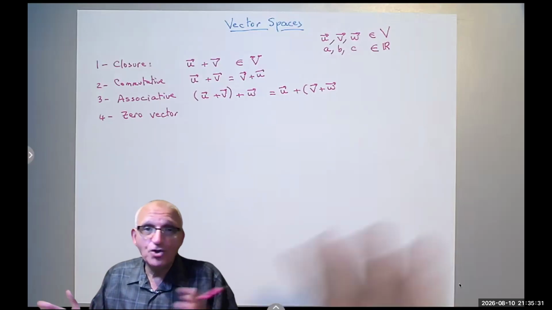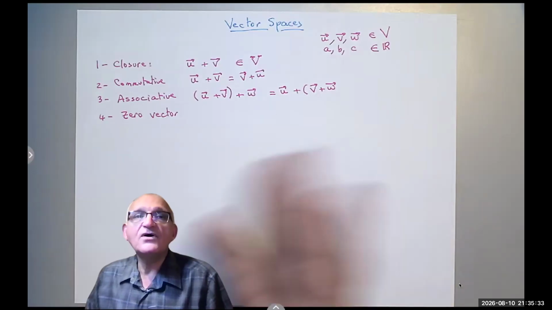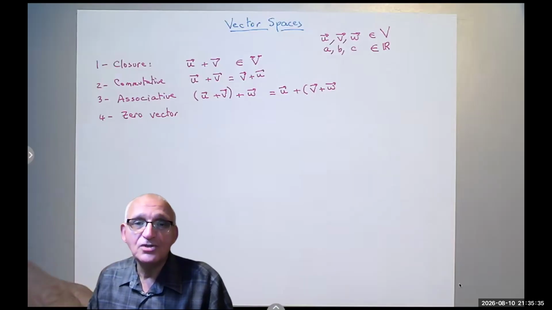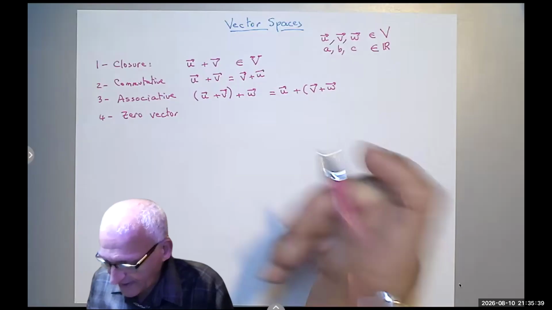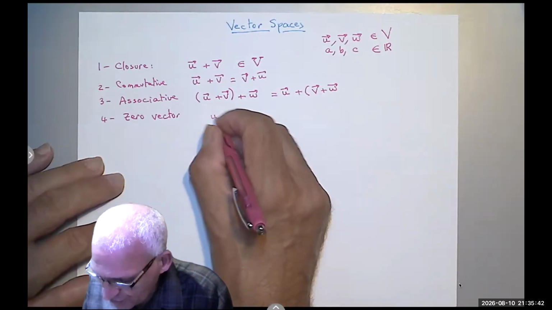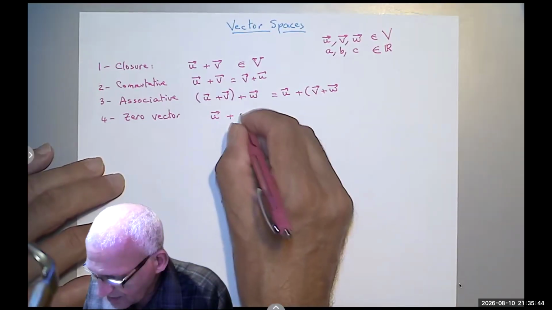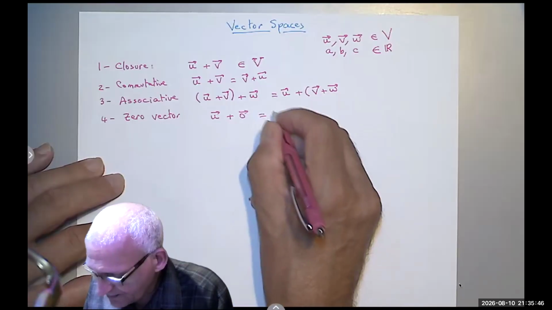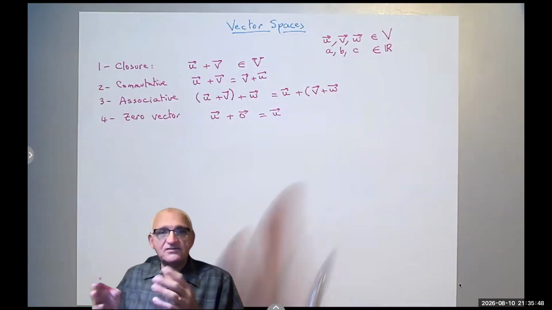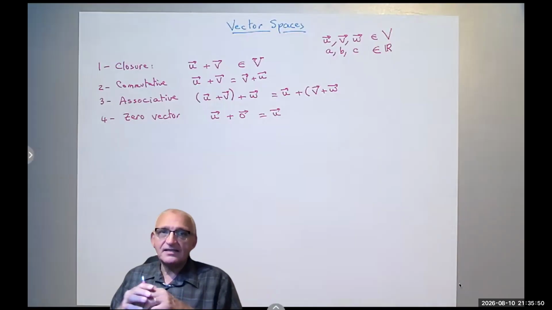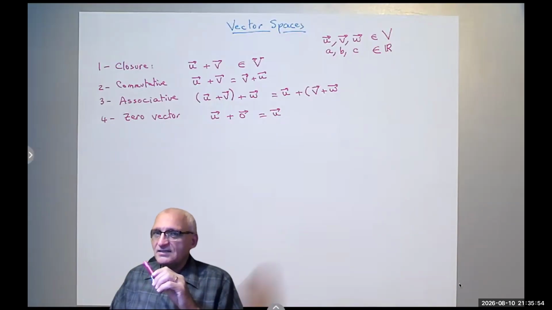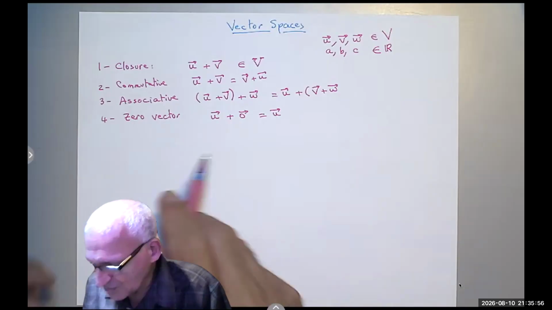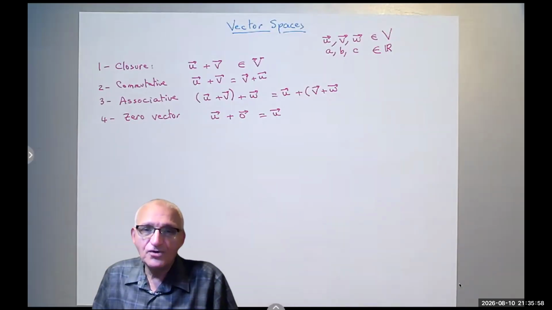If it's a polynomial, again, I have to have a 0 for that to be a vector, okay? And the 0 vector, if I say u plus 0, I get back u. So it doesn't change the vector. If you add it, you get back the vector and you say, that's common sense. No, there are cases where this doesn't give you the correct answer you are looking for.